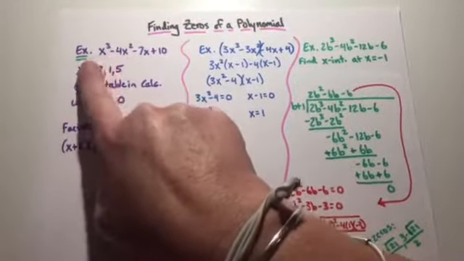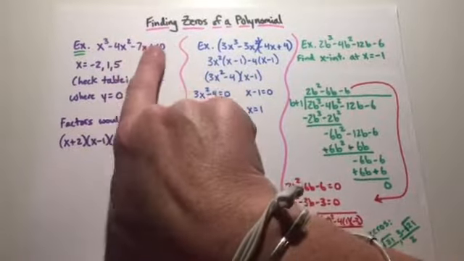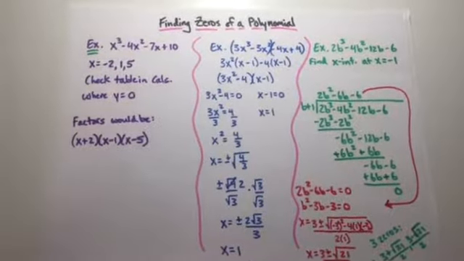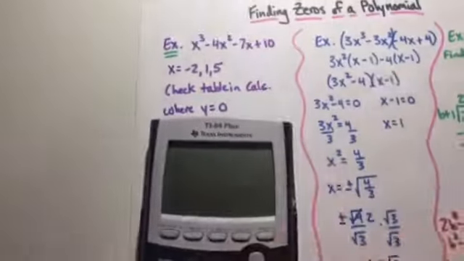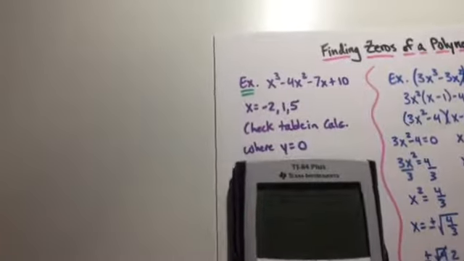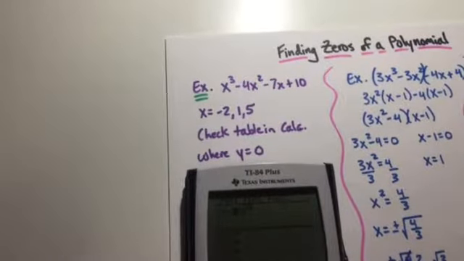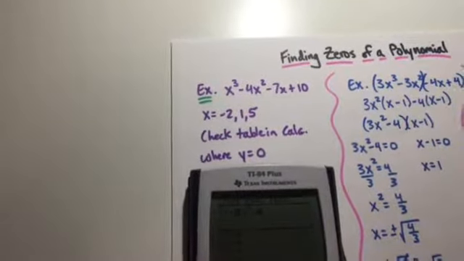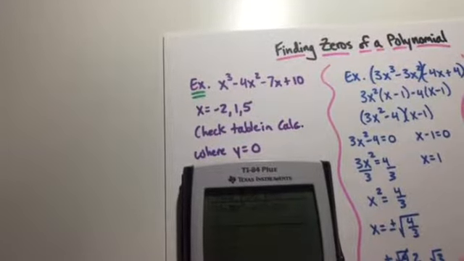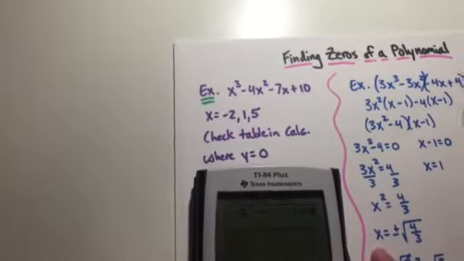This first type, I could type all of this into y equals and easily find my zeros. They all showed up easily in the table. So let's see, we have x cubed minus 4x squared minus 7x plus 10.